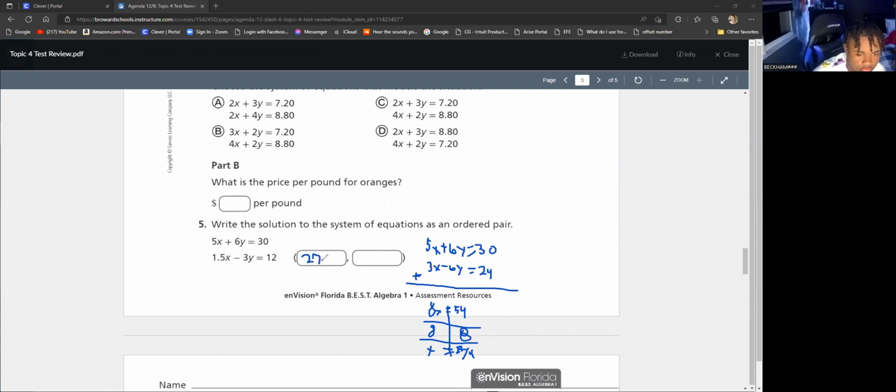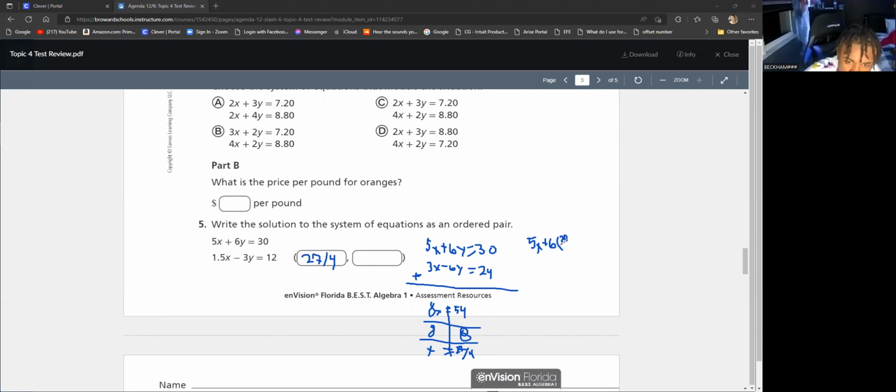Okay, how do we find the y? Now remember, we have x equals there, not y equals there.